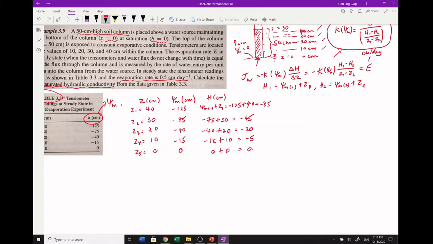Alright, so once we have H, we can find the difference of hydraulic head, in centimeter.